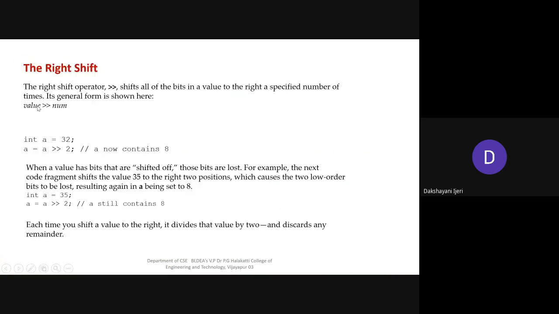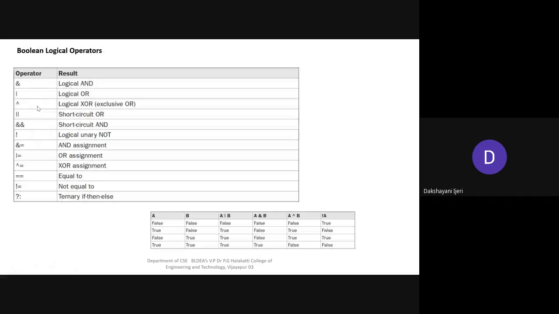The same is the case here with true and false. For OR, if any one is true, it is going to give you the result true. If both are false, it will give you the result false. The same is the case with the AND operator, isn't it? It is going to give the result true only if both the values are true. If any one is false, it is going to give you the result false.